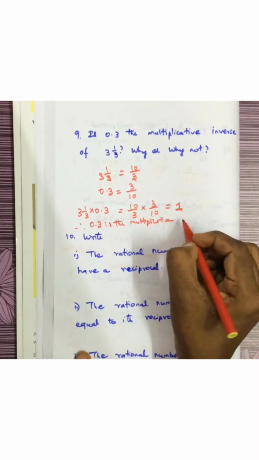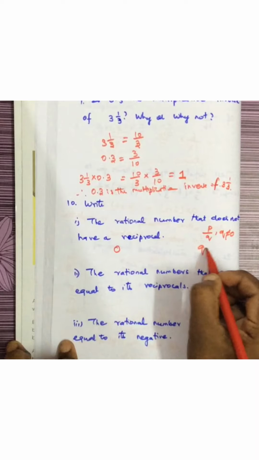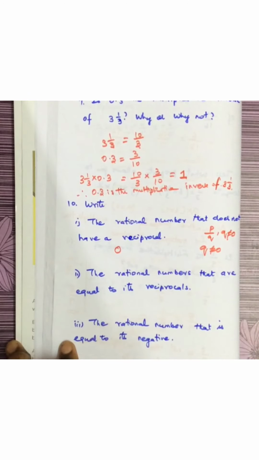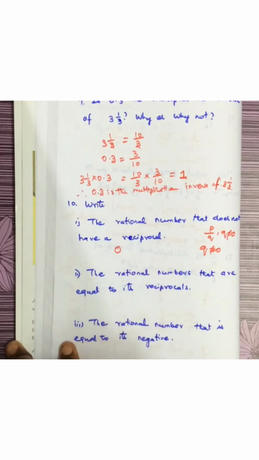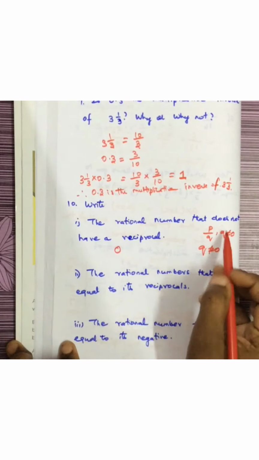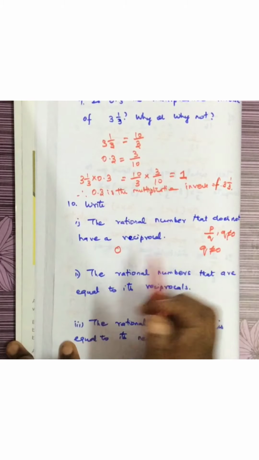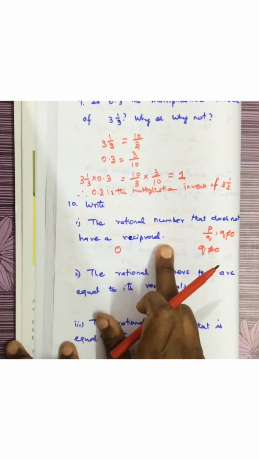The answer is 0, because by definition the rational numbers should be in the form of p by q, and q should not be equal to 0. So 0 is a rational number, but if you take the inverse of that, then 0 should go in the denominator, which is wrong. That is not a rational number. So the rational number that does not have a reciprocal is 0.